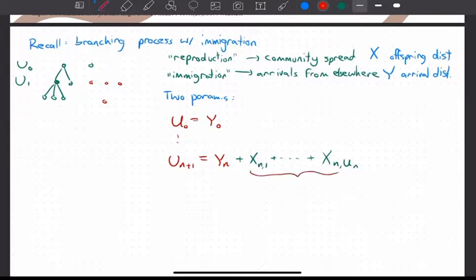These are independent random variables with the same distribution as X, and this one has distribution Y.